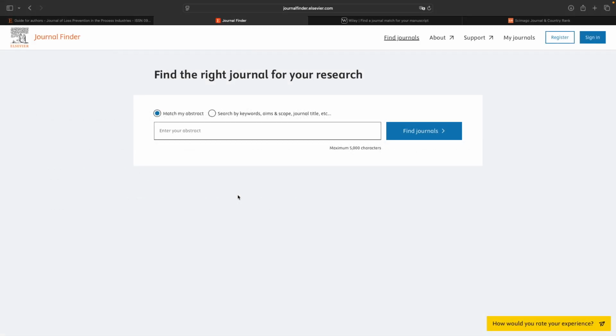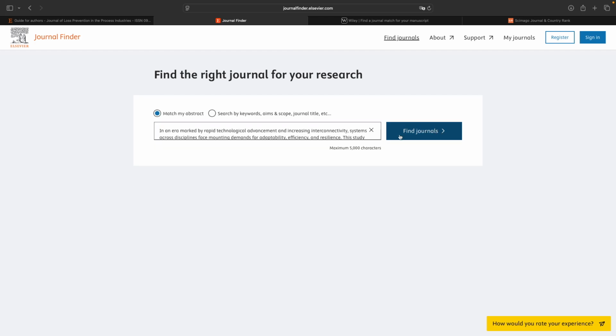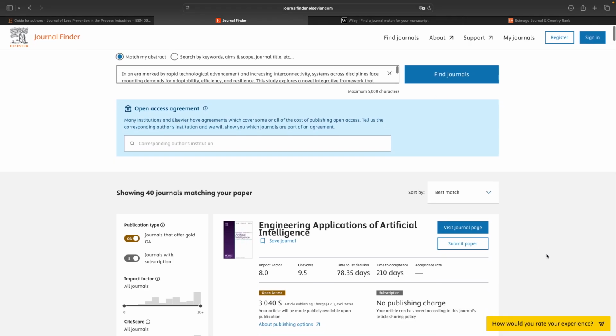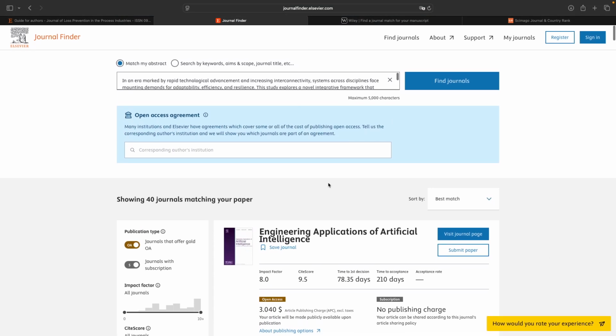Here we have a journal finder from Elsevier. You just can paste your abstract inside this box and then try to find a journal. This is just some abstract generated by ChatGPT, and here it gives you some matching journals.